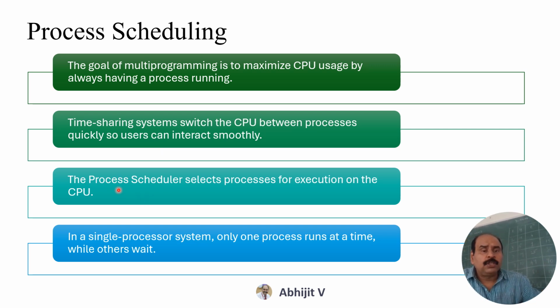The process scheduler selects the process for execution on the CPU. In a single processor system, only one process runs at a time, and the others wait for the processor to become free so that they can do their job.